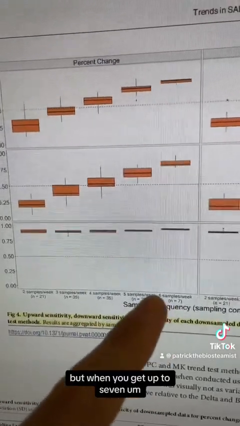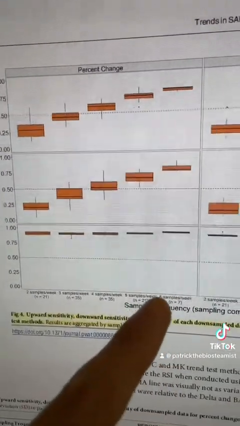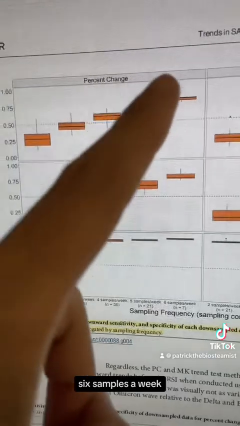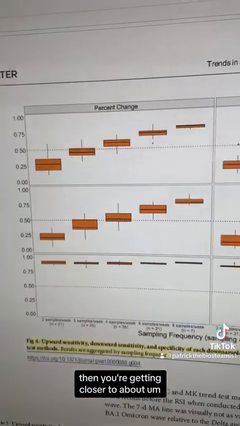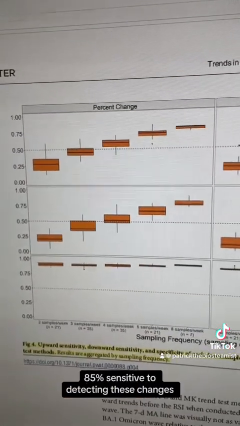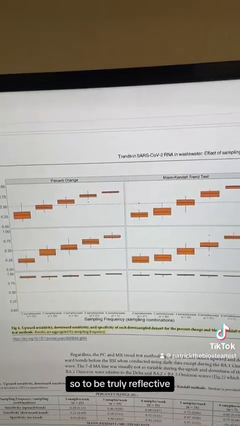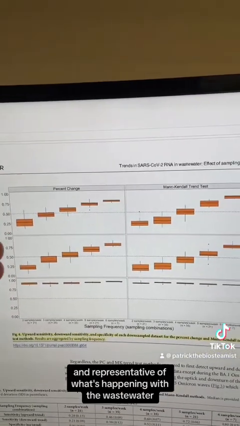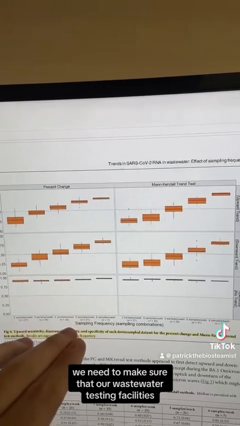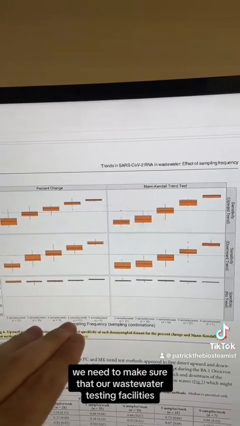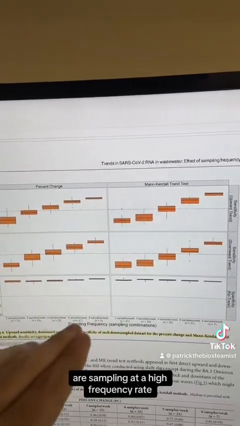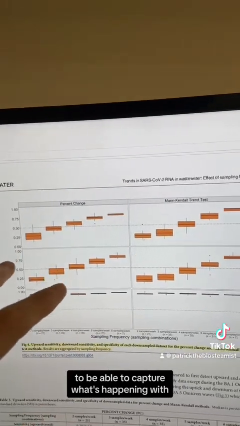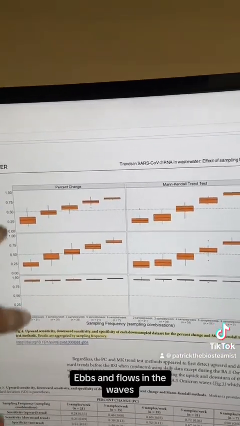But when you get up to 6 samples a week, then you're getting closer to about 85% sensitive to detecting these changes. So to be truly reflective and representative of what's happening with the wastewater, we need to make sure that our wastewater testing facilities are sampling at a high frequency rate to be able to capture what's happening with the COVID ebbs and flows in the waves.